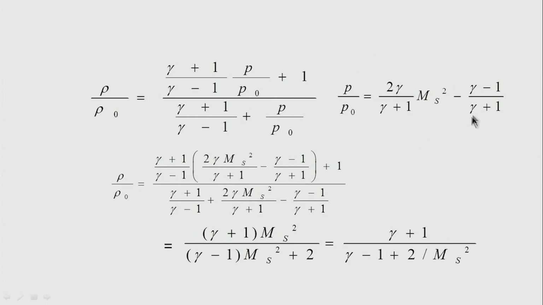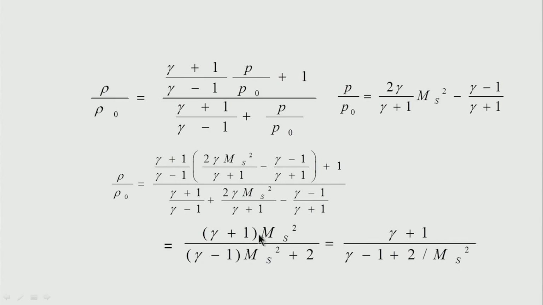This is the value of P by P0, which is again on the board, and therefore, I substitute this over here. What is it I get? I get rho by rho 0 is equal to gamma plus 1 divided by gamma minus 1 into this particular expression plus 1, divided by gamma plus 1 over gamma minus 1 plus the value of this expression, which I simplify. I get gamma plus 1 into Ms square divided by gamma minus 1 into Ms square plus 2.